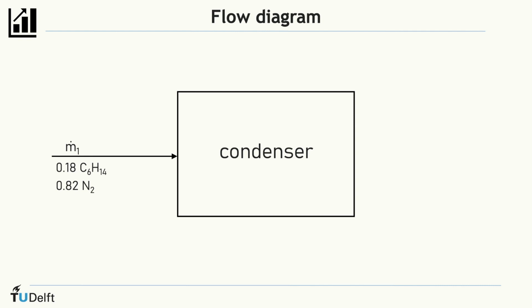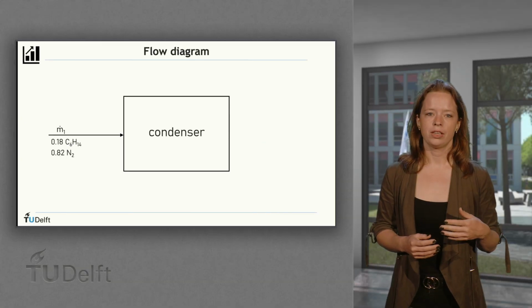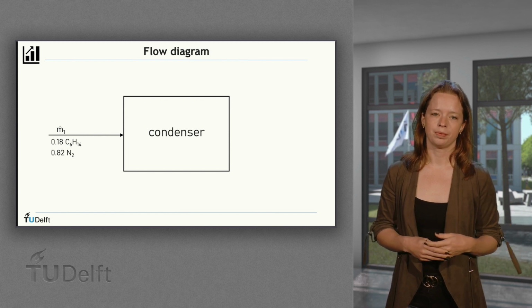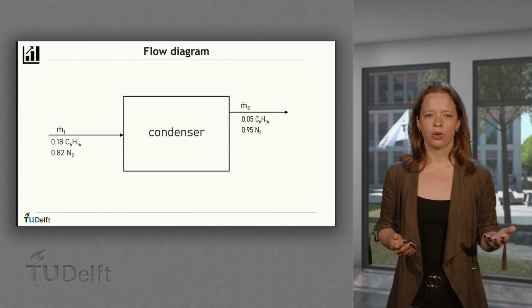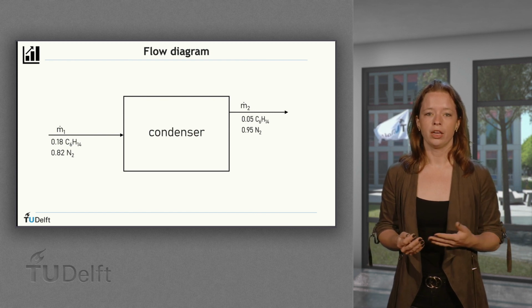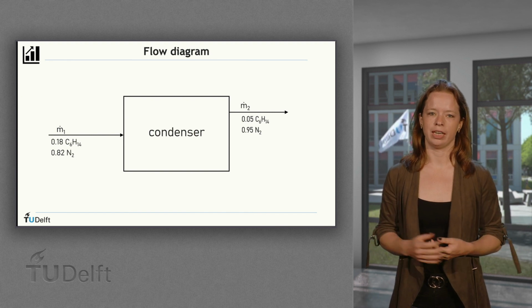We were not told how many kilograms per minute were flowing into the condenser, so we denote this unknown quantity with M1. The dot on the end tells us that we're dealing with a flow rate, so an amount per unit time. The process description also told us that a gas stream with unknown flow rate, M2, containing hexane with a mass fraction of 0.05 came out of this condenser.